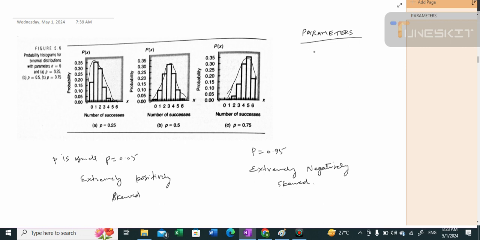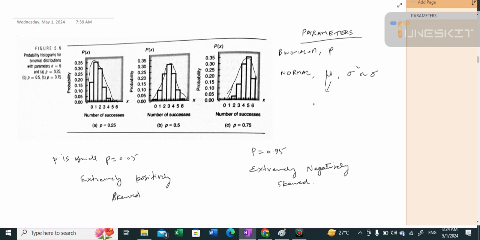So the binomial has parameters n and p, whereas the normal distribution, which we already discussed and will discuss in detail in future sessions, has parameters mean and variance or standard deviation, so mu and sigma square or sigma.